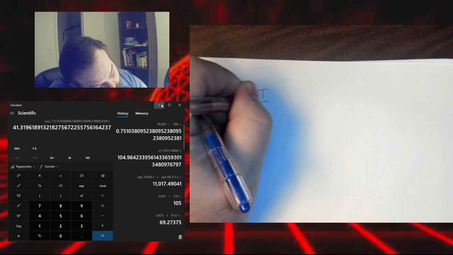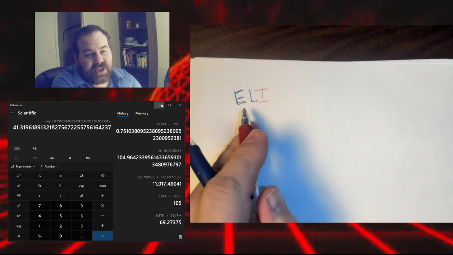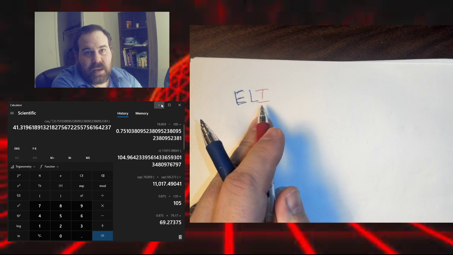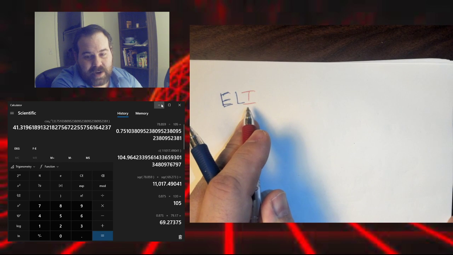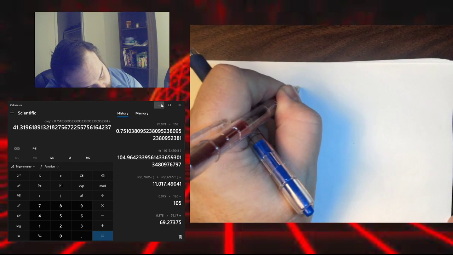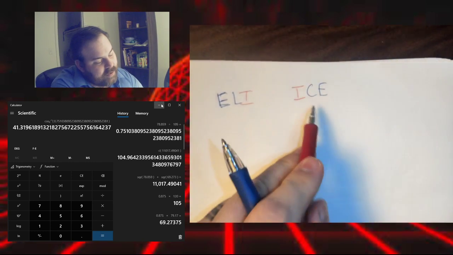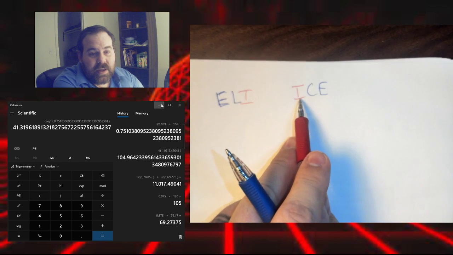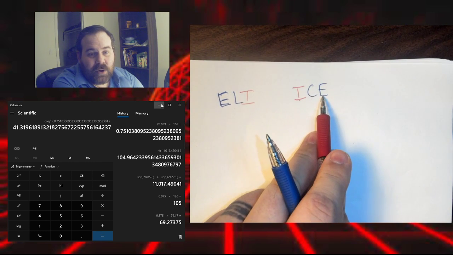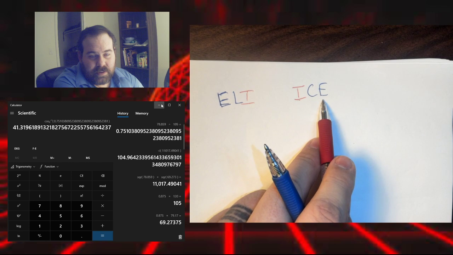It was ELI. Voltage led the amperage by 90 degrees. What a capacitor does, C being the capacitor, the amperage leads the voltage by 90 degrees.